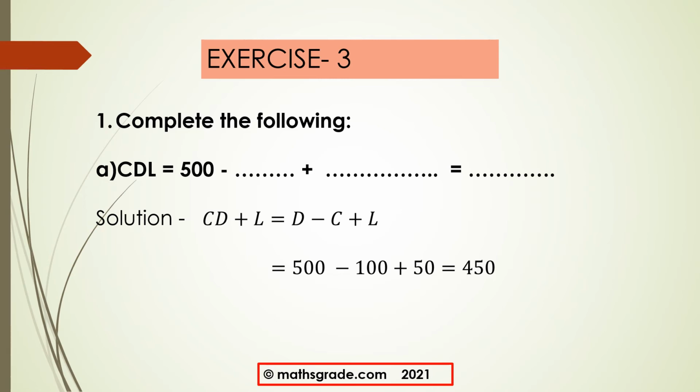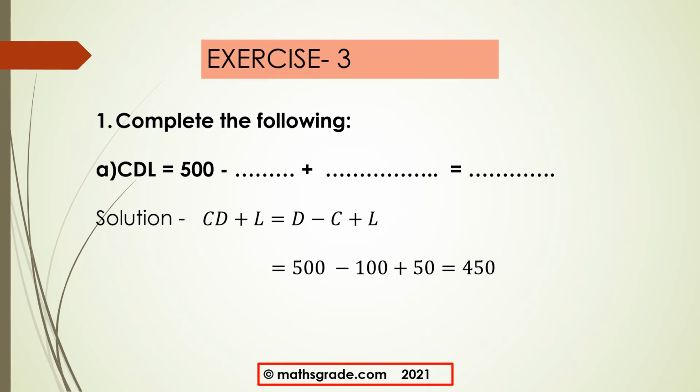The value of L is 50. 50 is a smaller value written to the right side of the larger value D, that is 500. Here we have to add D plus L. And in CD, C is 100, the smaller value, and D is the larger value.